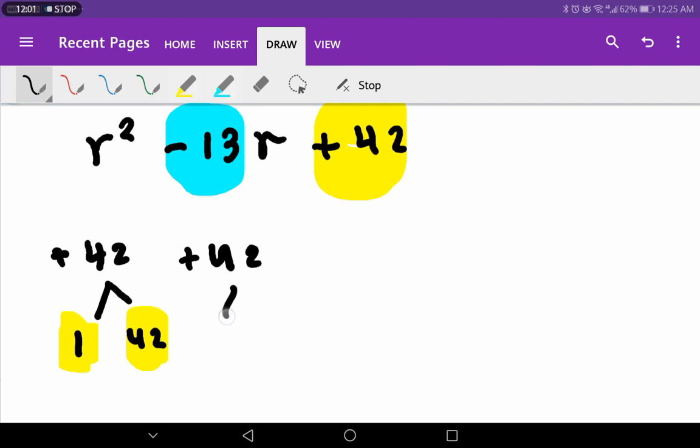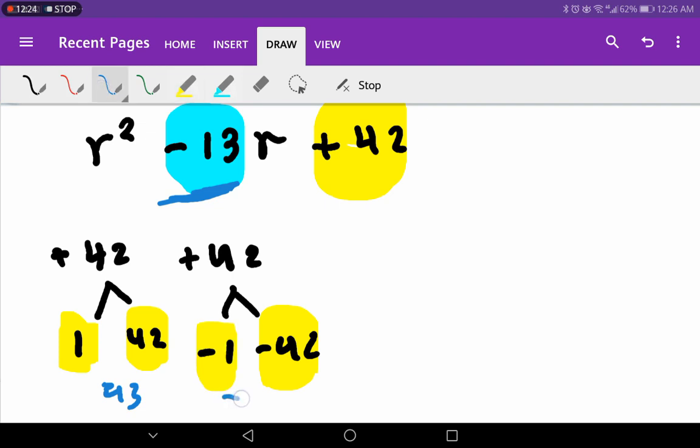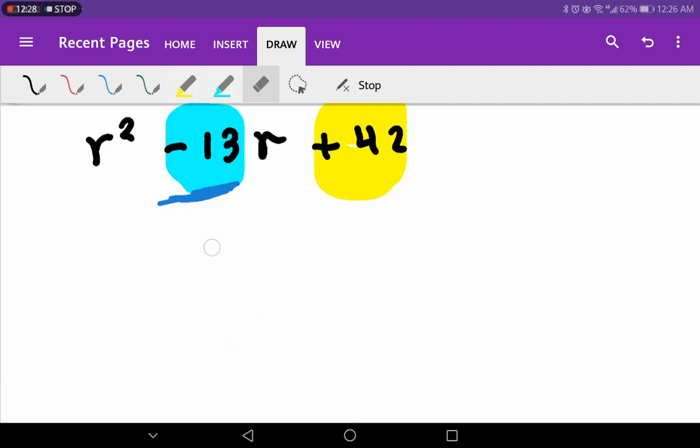It comes from negative 1 and negative 42. If you try here, 1 plus 42 is 43, it is not 13 or negative 13. And here, negative 42 and negative 1 is negative 43. So I don't need this actually.